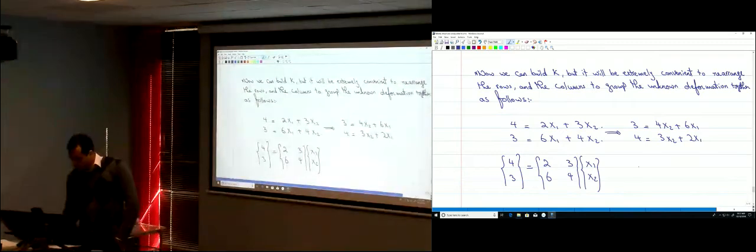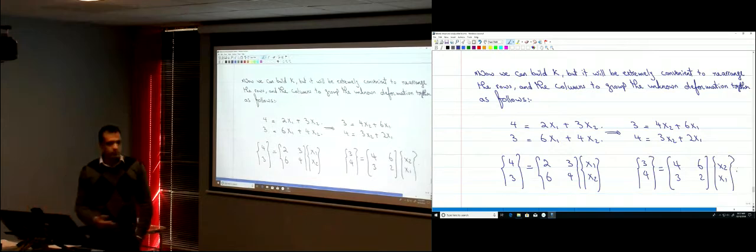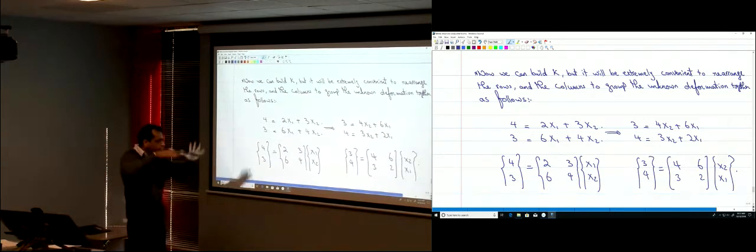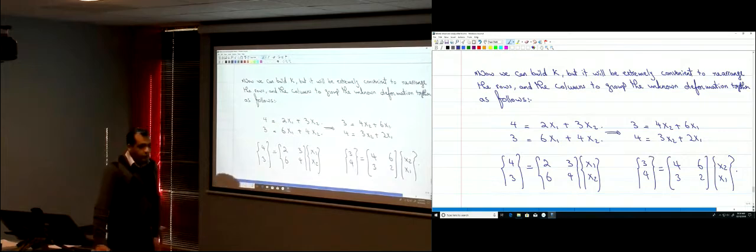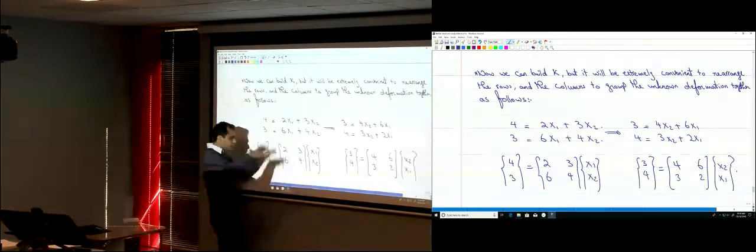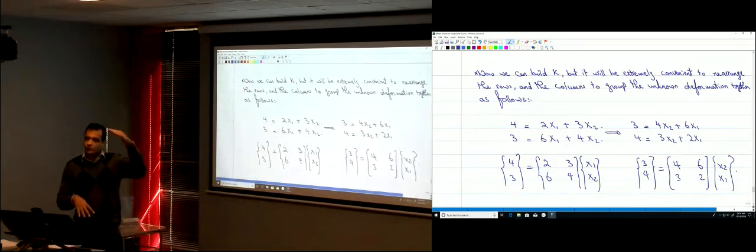What I did here, I changed this: 3, 4 equals 4, 6, 3, 2 multiplied by x2, x1. But it's the same two equations, right? I can change the order. There is no problem, it's up to me. As long as you keep the numbers correct, you can shuffle them, just change the rows. Let's say you have the first row and you want to put it as the sixth row. That's fine, okay?